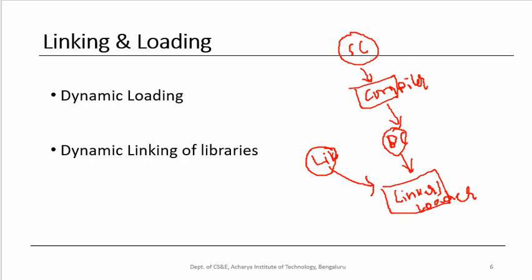It links the object code of the libraries which are required to run this program with the object code of this program, and produces a loadable image, which you can also call the .exe, which is loaded into the main memory.